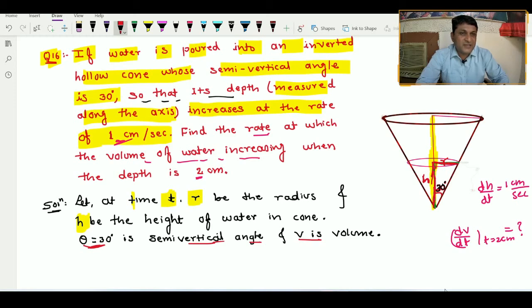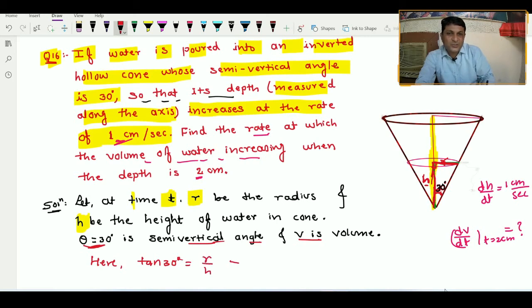Yes, if this triangle is a right angle triangle, then tan 30 will be equal to opposite upon adjacent. So here tan 30 degrees is equal to r upon h. We know that tan 30 is 1 by root 3, so 1 by root 3 is equal to r upon h. Keep it as it is.